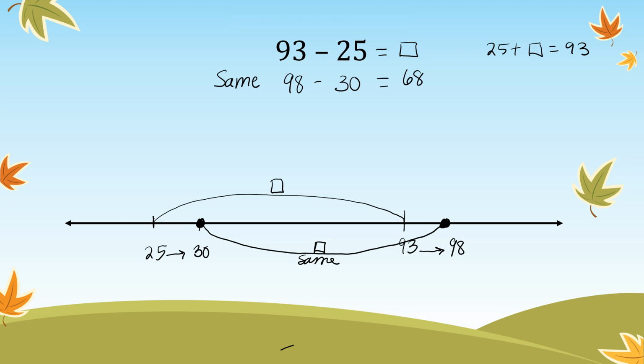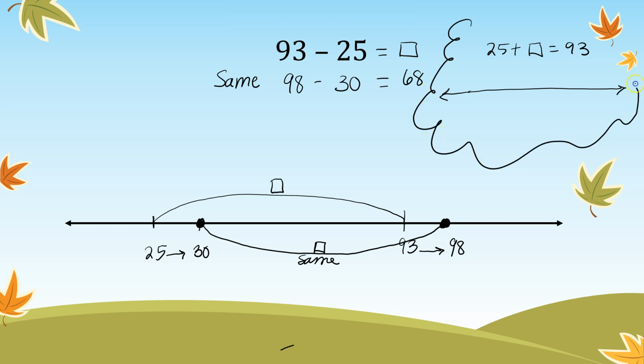And that is the sliding method, right? How is that different than the open number line method for addition? If you were to think of it as addition, you would say, oh, hey, here's my 25. I have to go maybe up 5 units to get to 30. And I'm going to go 60 units to get to 90.